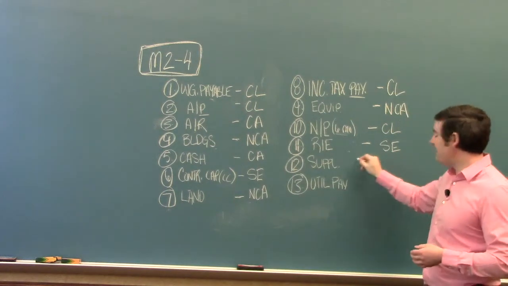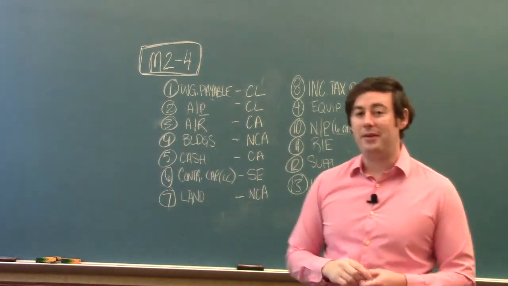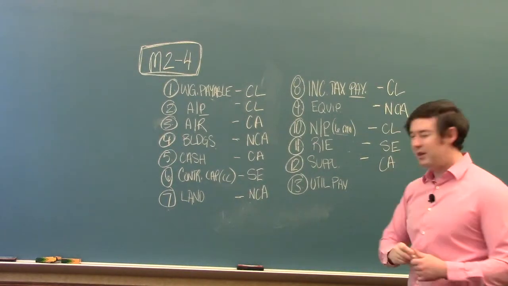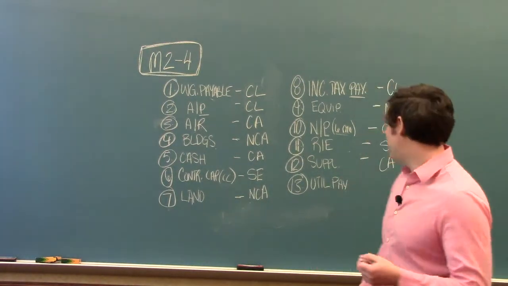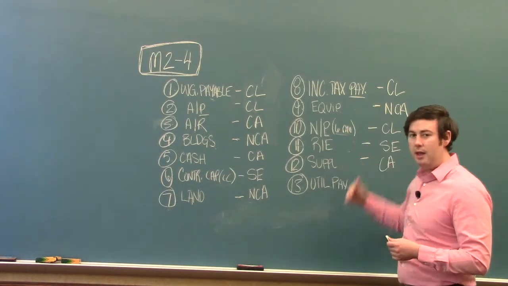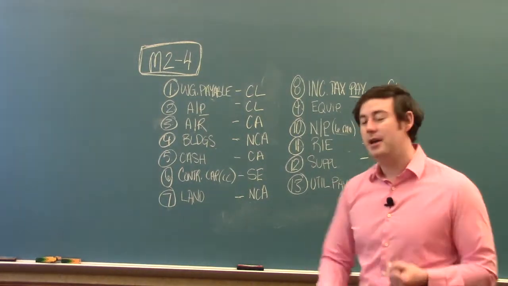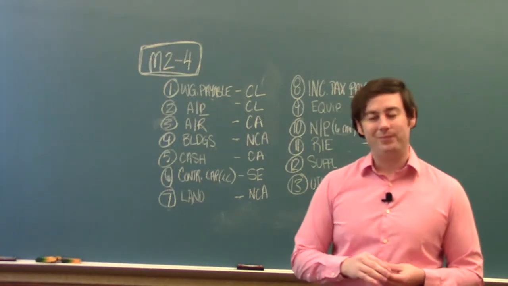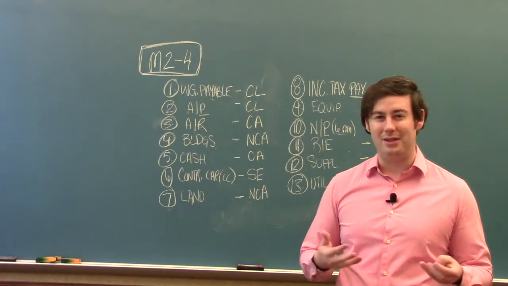Next one, supplies. Supplies is going to show up on the balance sheet. It's a current asset. Okay. You can kind of think in the back of your head, we can differentiate between supplies and equipment, okay, based upon how long they last. Supplies are things that you also buy that you're going to use up, but you can kind of think of it more as like disposable type things.